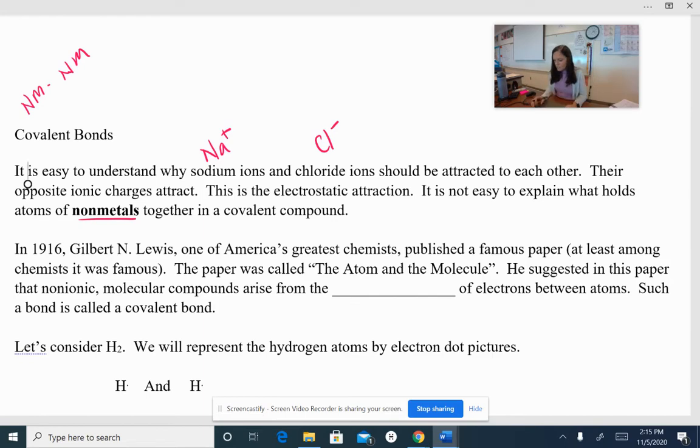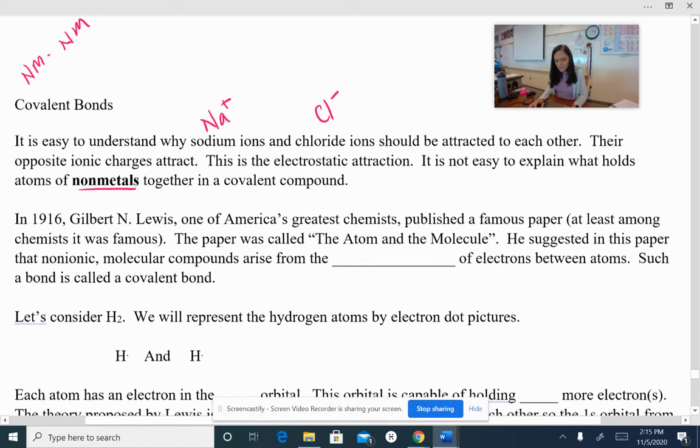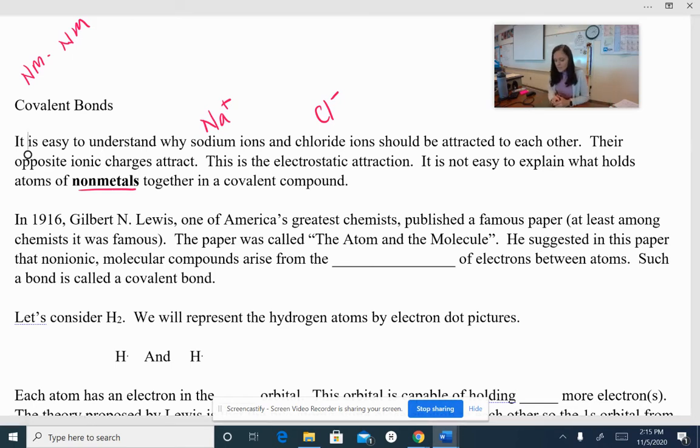So a little over a century ago, we have Gilbert N. Lewis, the guy who gave us the Lewis dot structures that we've been doing. One of America's greatest chemists, I would also add, coming from Stanford, published a famous paper, at least among us chemistry geeks. The paper was called The Atom and the Molecule.